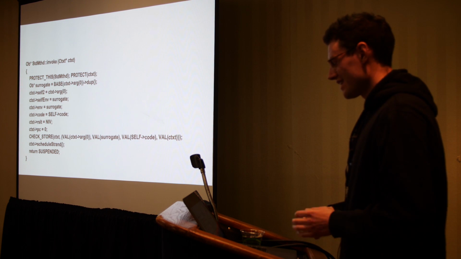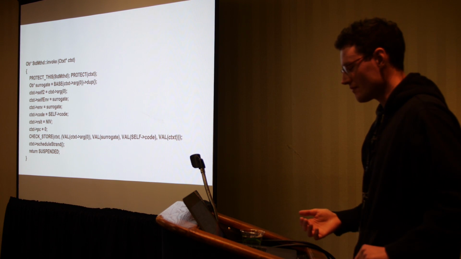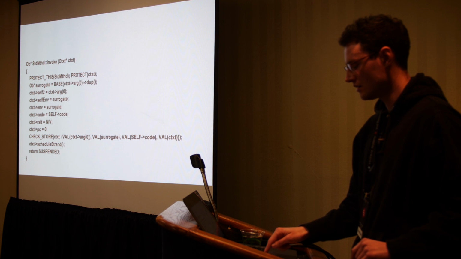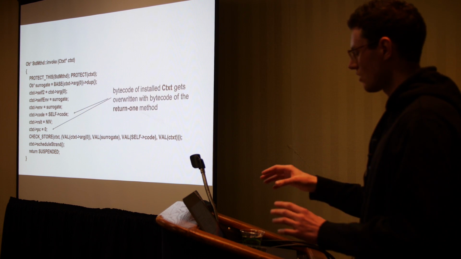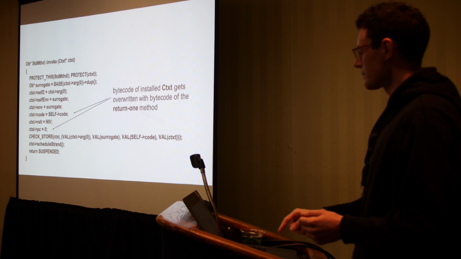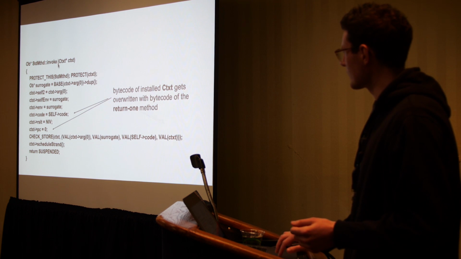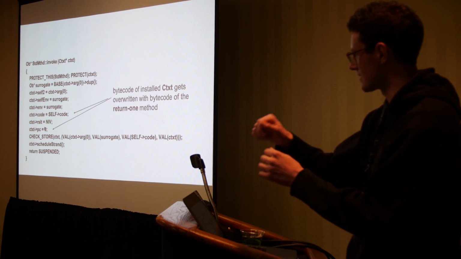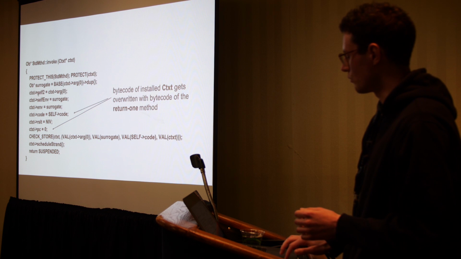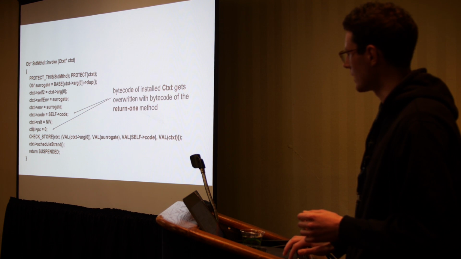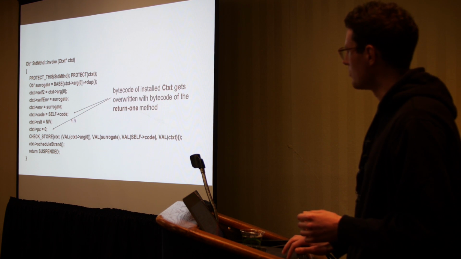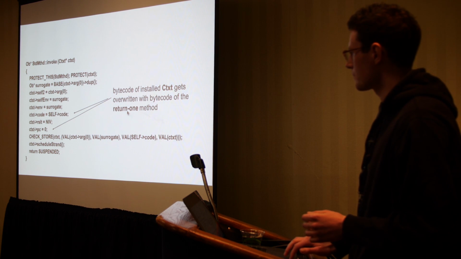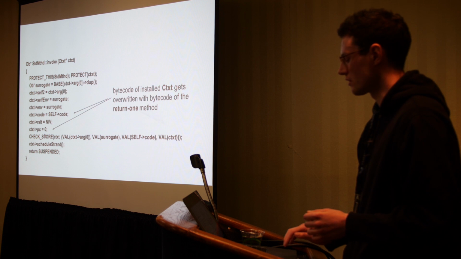The important things here are that we install, we got our initial context, and here we override the second context we created. We get that here and override it with the bytecode of the return one method. And we also set the program counter to 0.